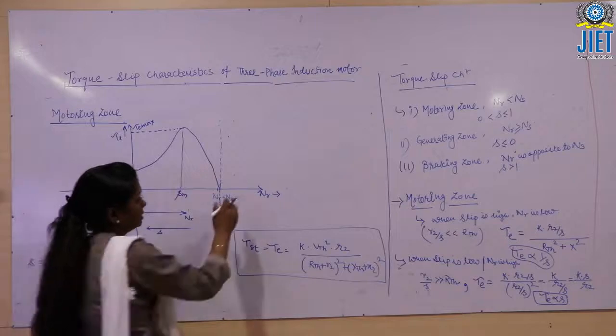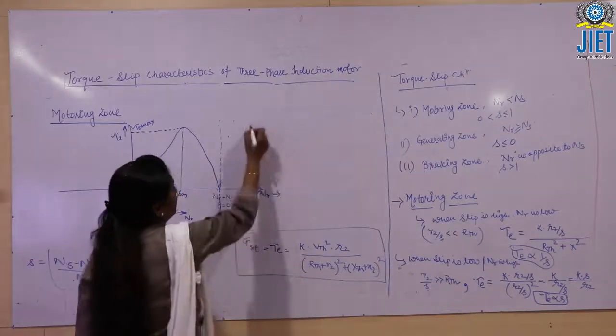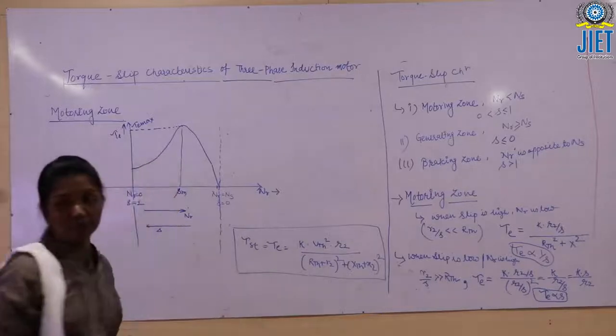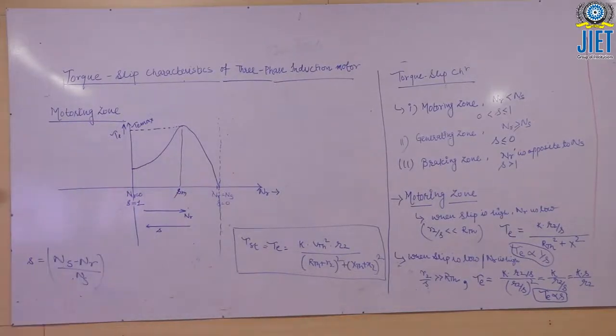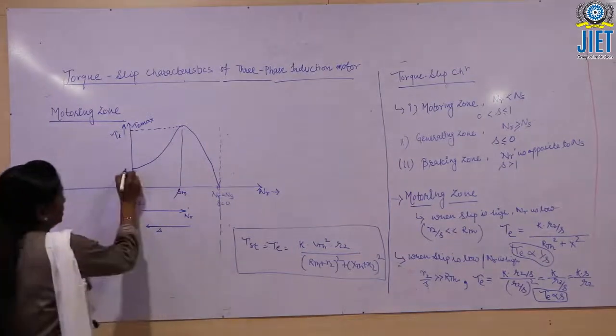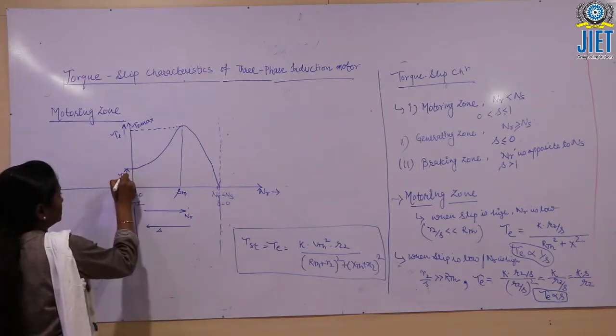Now in this area where the speed NR is more than synchronous speed, I think we can just remove the expression of starting torque because we have already dealt with. I can just mark this is the starting torque.